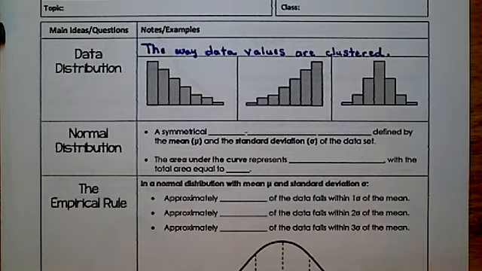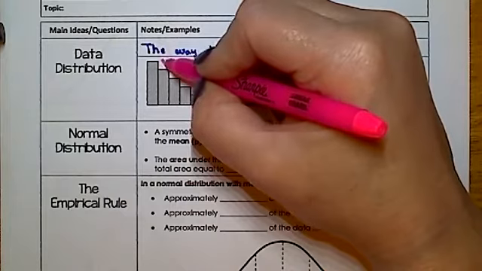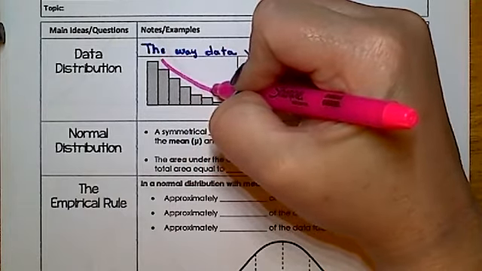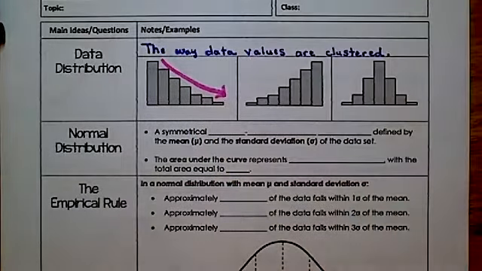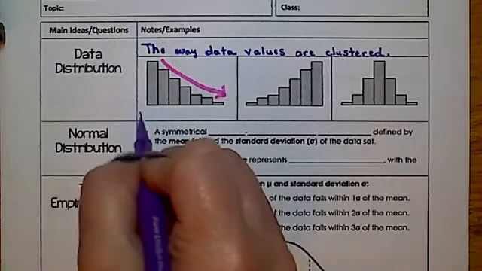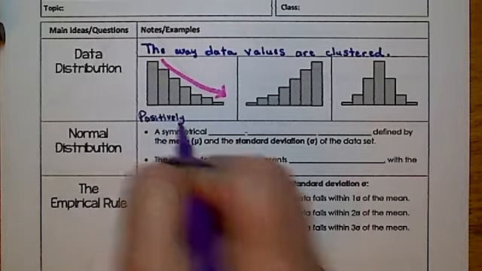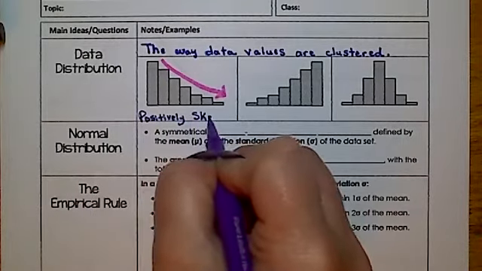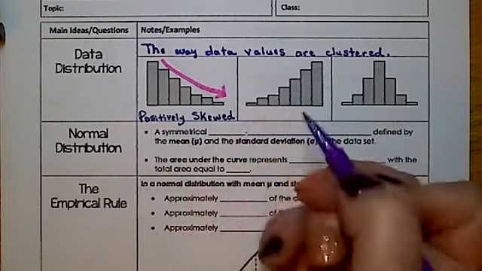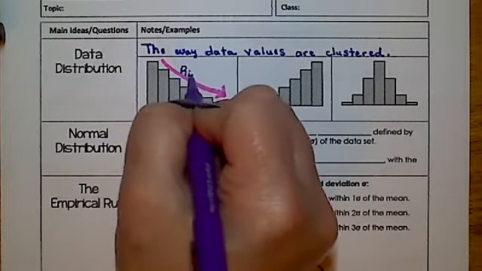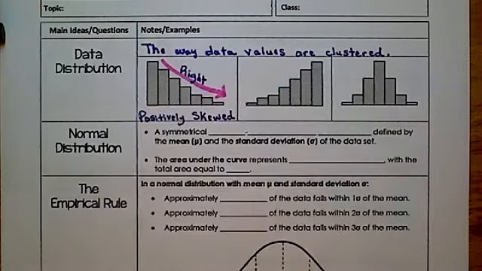So when you look at this one right here, you see that the tail of that graph goes to the right. So that would be called positively skewed. Okay, the tail is going to the right.